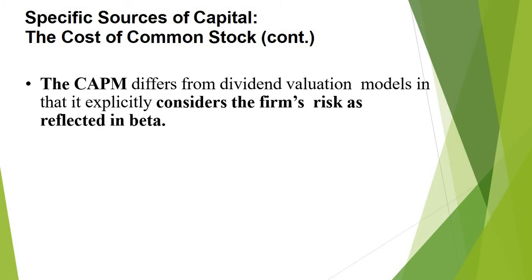There are some differences between the capital asset pricing model and the dividend discount model. In the capital asset pricing model, the firm's risk is reflected in beta.